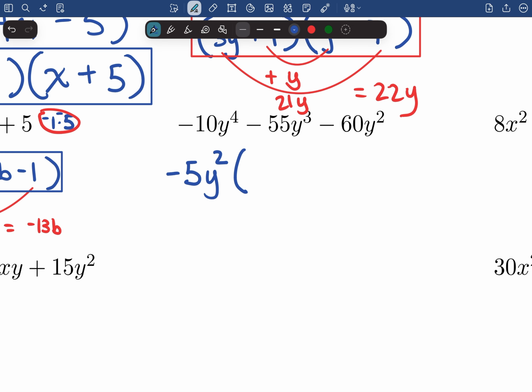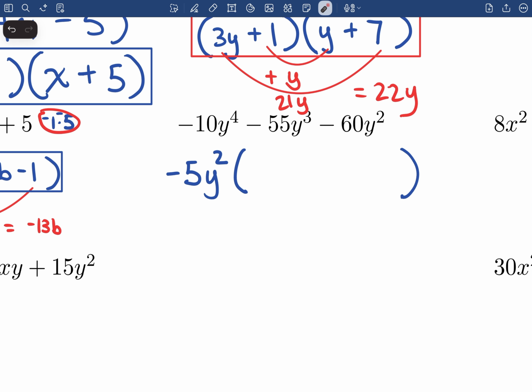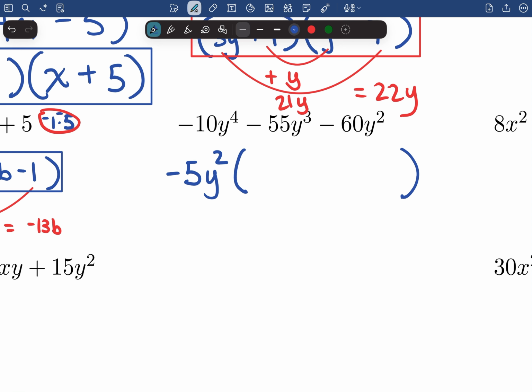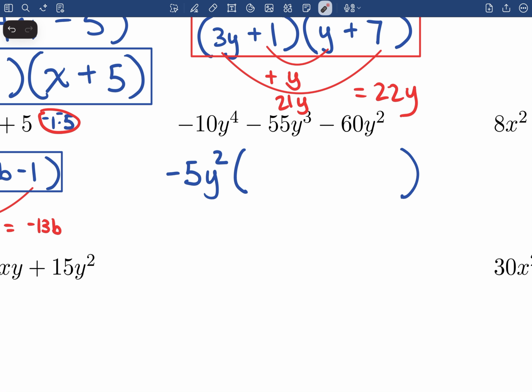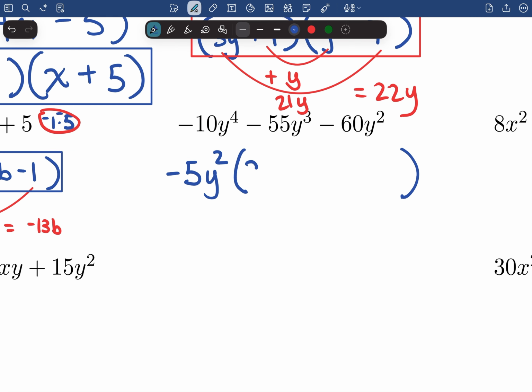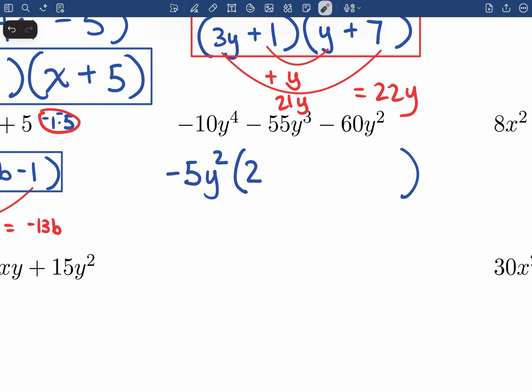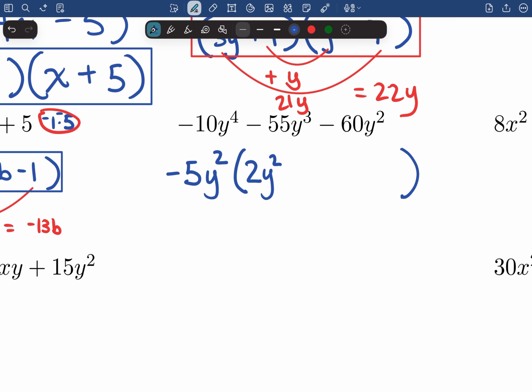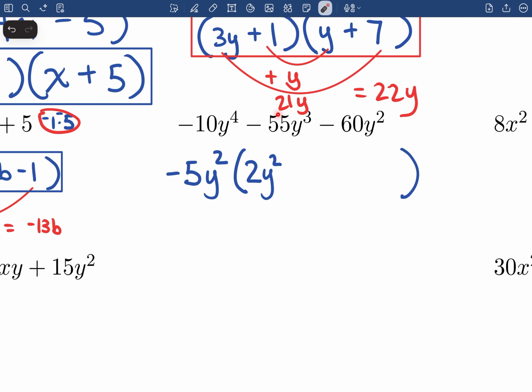Now, I'm going to have a trinomial left over, right? I just factored out the GCF out of all three of these terms. And so what do those terms become in the trinomial? Well, you could think of dividing. -10 divided by -5, that's +2. And y to the fourth divided by y squared is y squared. Moving on, we have -55 divided by -5, which is +11.